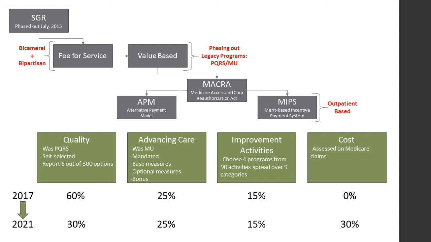The first is that an individual or group can report some of their data. For example, they can report 1 quality measure, or 5 advancing care measures, or 1 improvement activity. Cost assessment will not be done in 2017.